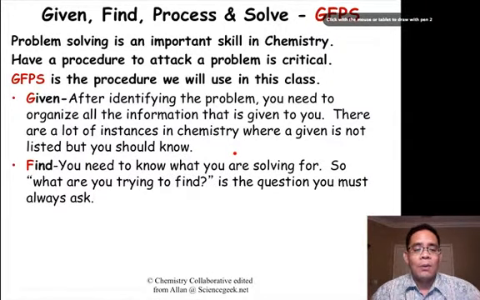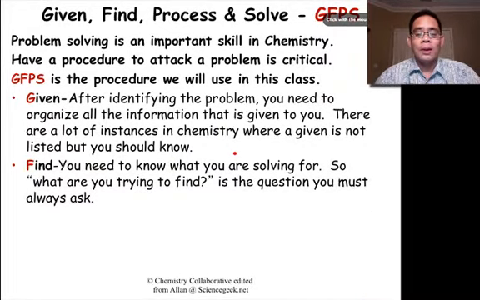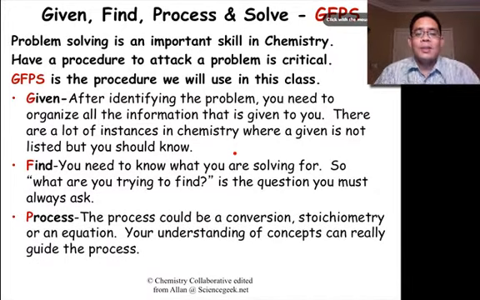Find, F. Find means you have to ask the question, what are you trying to find? What are you looking for? And by identifying what you're trying to look for, it'll give you a direction as to how to attack the problem. Process. Now there's lots of processes in chemistry. It could be a conversion problem, just like the ones in the Quest assignment. It could be stoichiometry, which is another different type of conversion problem.